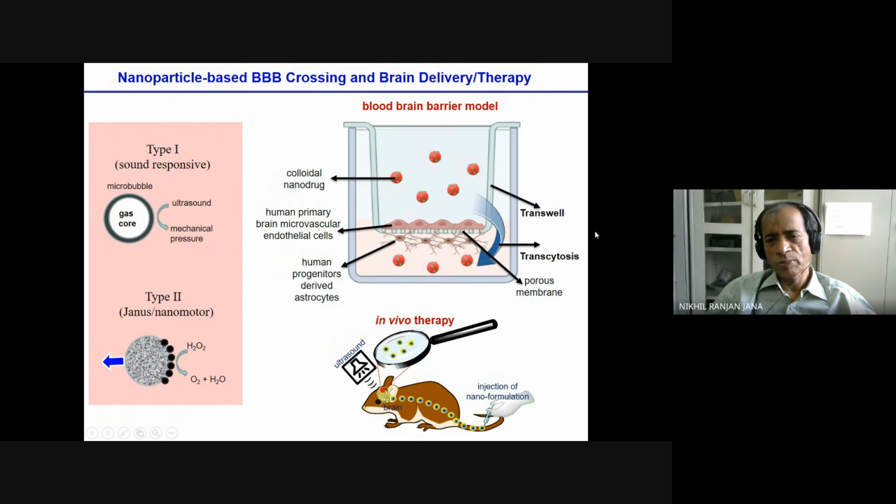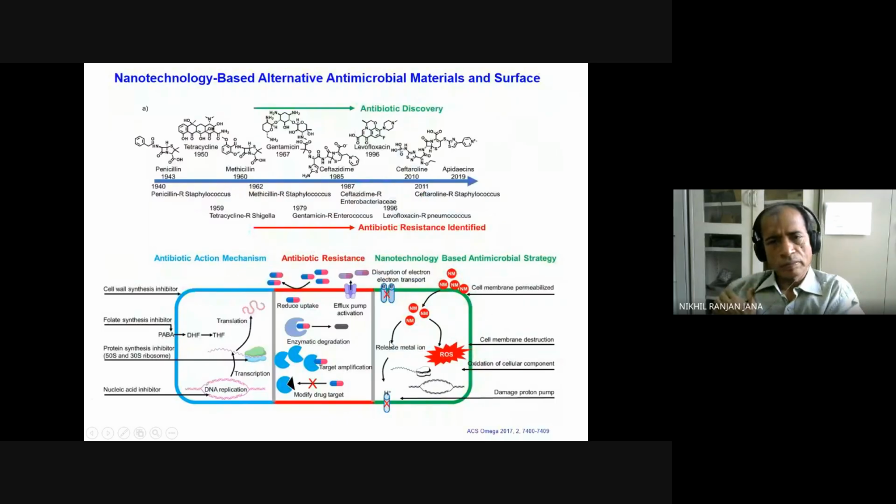These nanomotors can be used for crossing the blood-brain barrier. You can also use ultrasound-based gas cores. We label cells with these microbubble droplets, and then use sound to generate microbubbles, and then use this for delivering drugs.